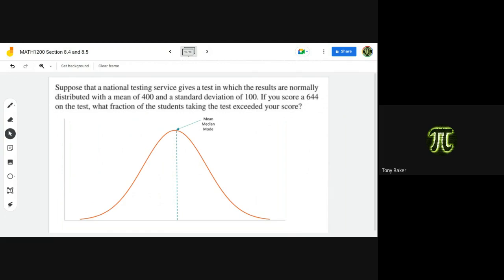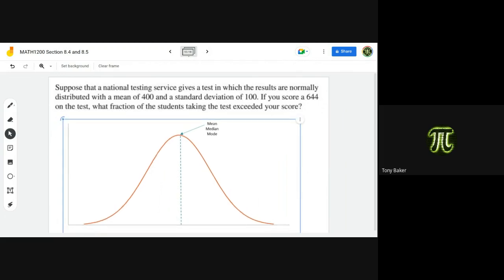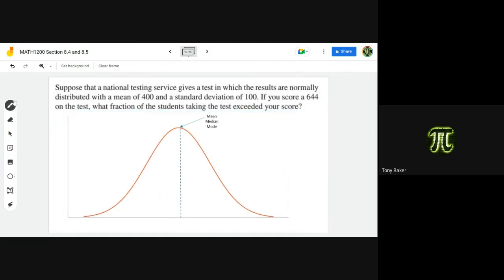All right, so this one. What's my mean? 400. Oh, right, there we go, 400. And my standard deviation is 100. My score is 644. So that's going to be somewhere over here.